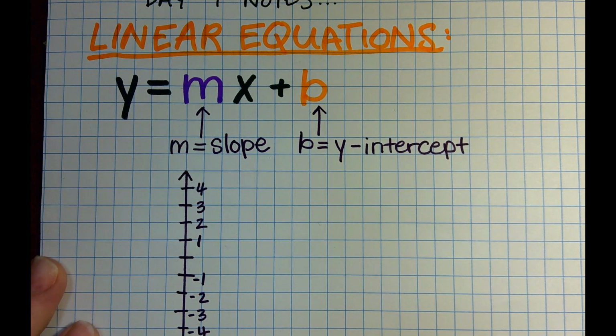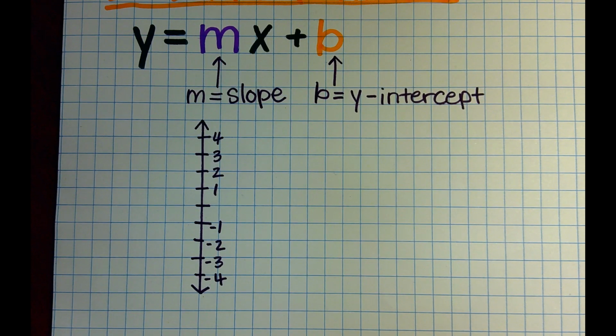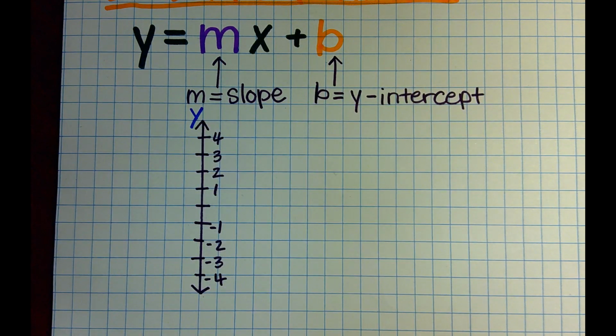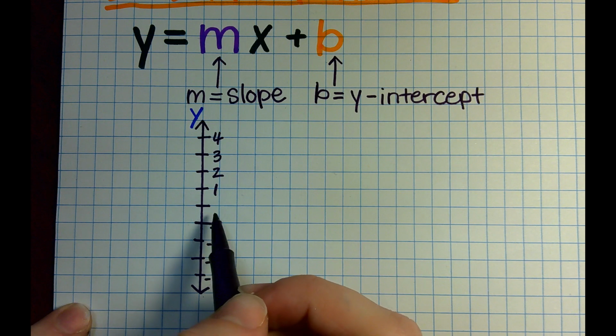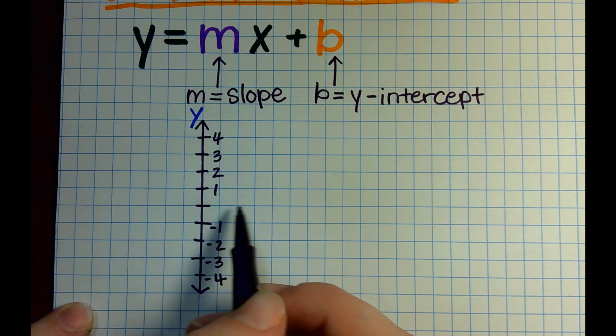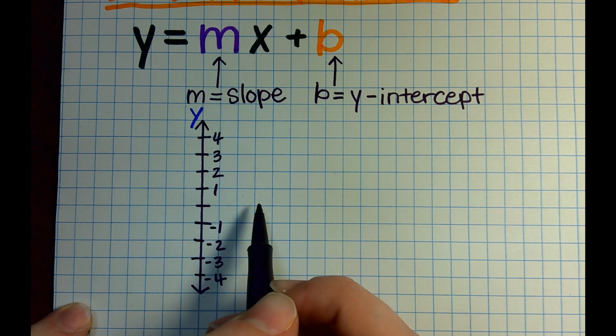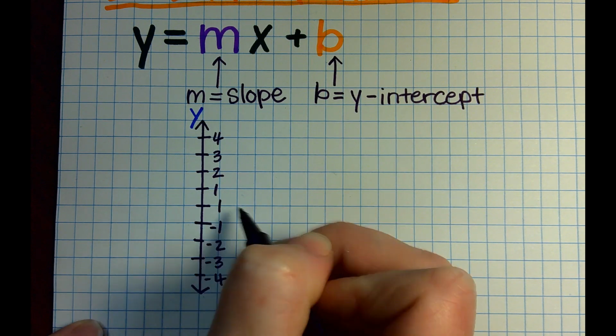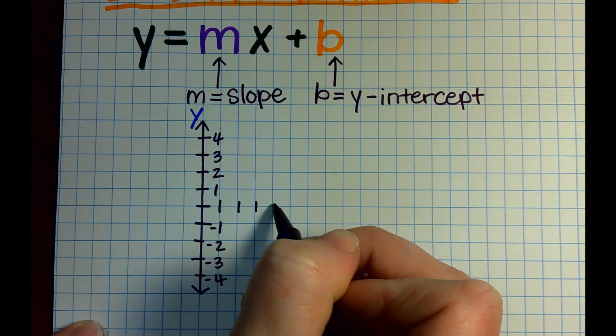Is this my x-axis or my y-axis? Y-axis. Good. So we'll label it. Now my x-axis, make sure that it lines up with your 0 here. This is 0. I'm going to make 4 going each way as well.